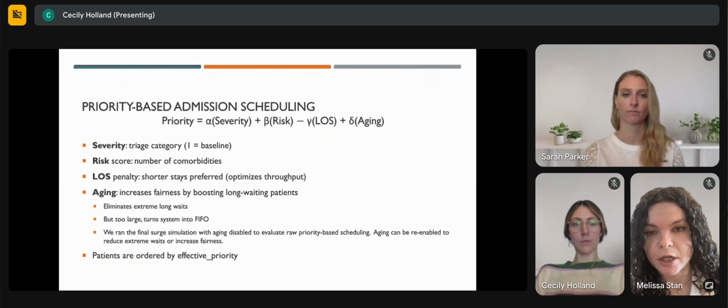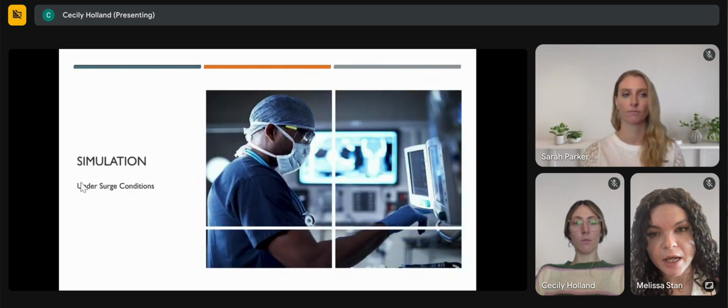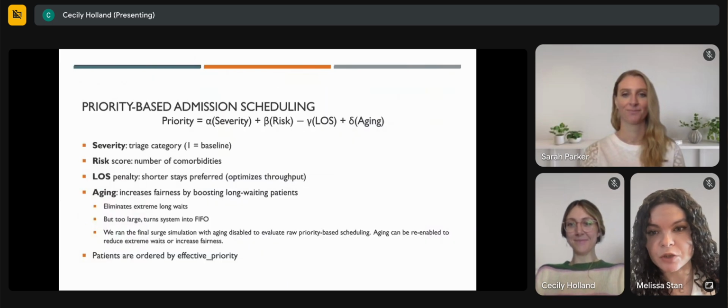And for the aging part, we added this in case there's extremely long waits, and we made sure that it's really optional and we don't really need it unless there are really long wait times for all the patients. So all the patients will then be ordered by their effective priority.